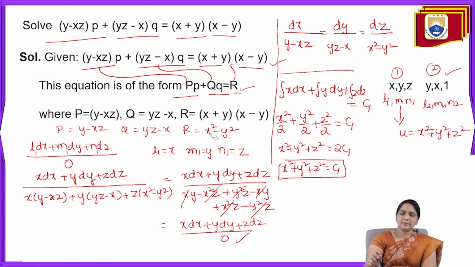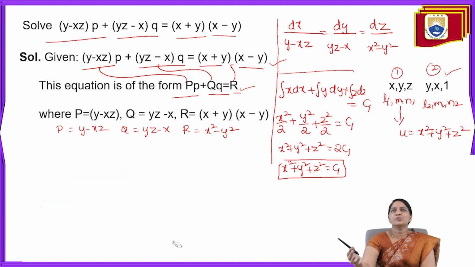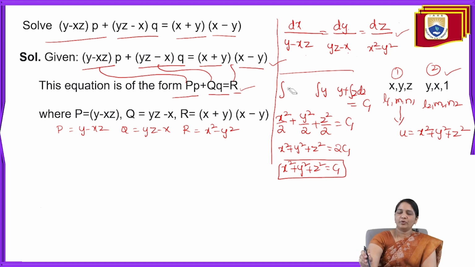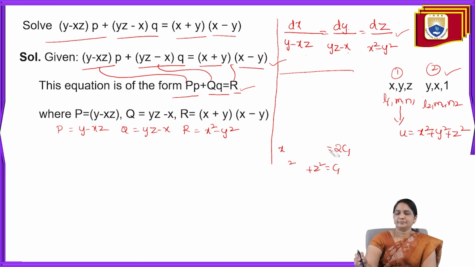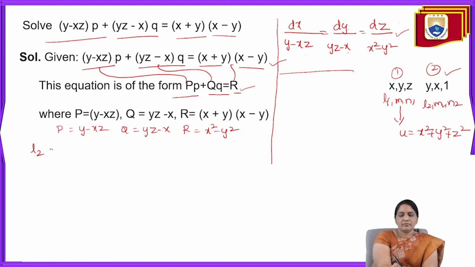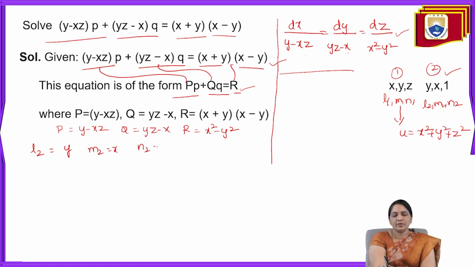You can observe here the auxiliary equation is the same as before: dx by P, dy by Q and dz by R. Now I am going to take the second set of multipliers, that is l2 equal to y, m2 equal to x and n2 equal to 1.